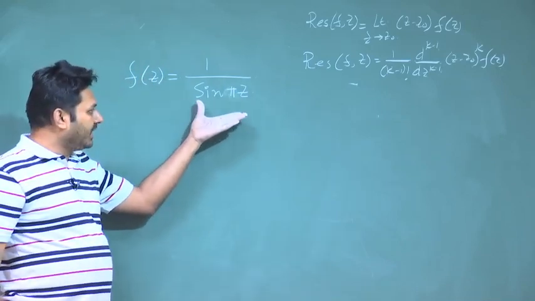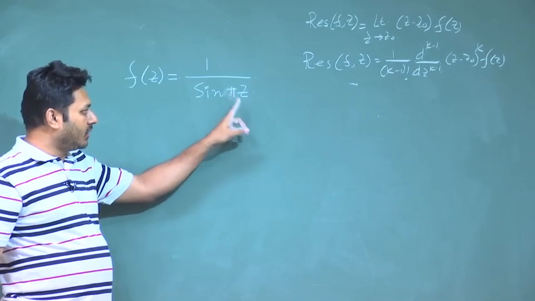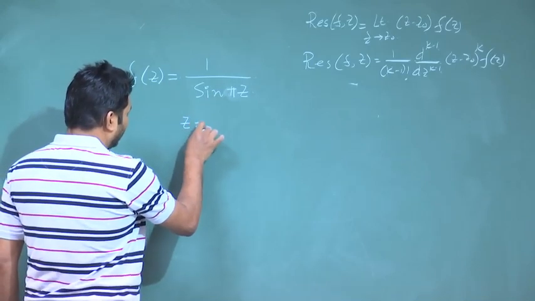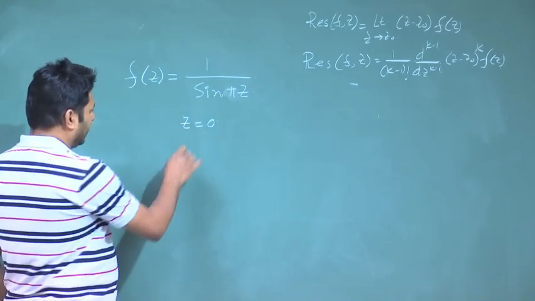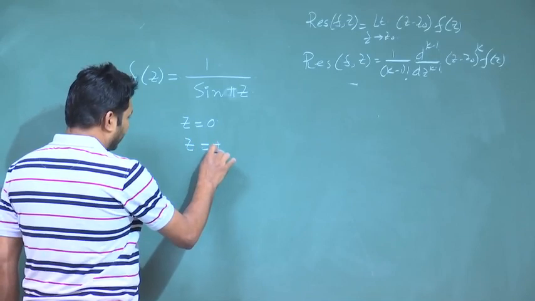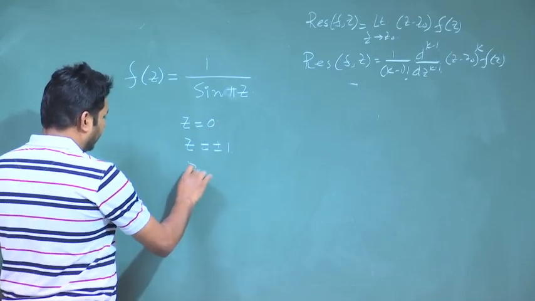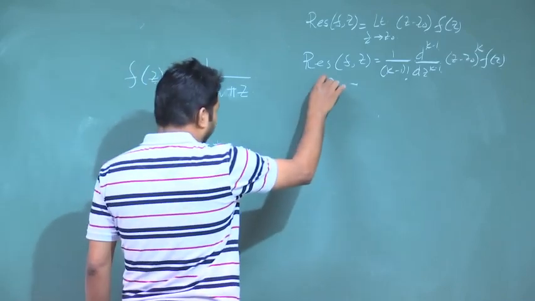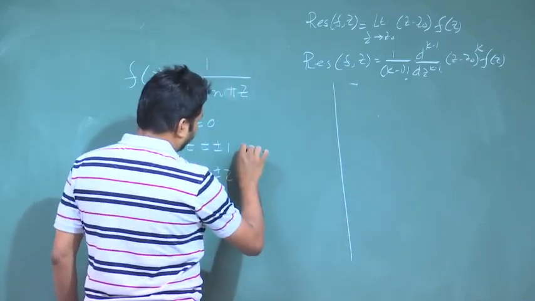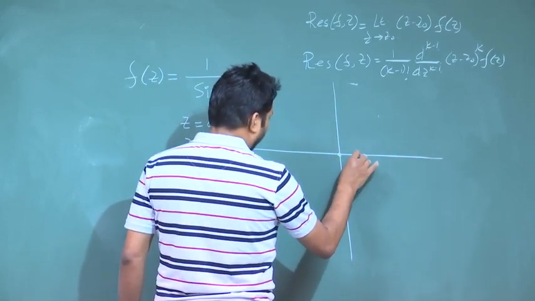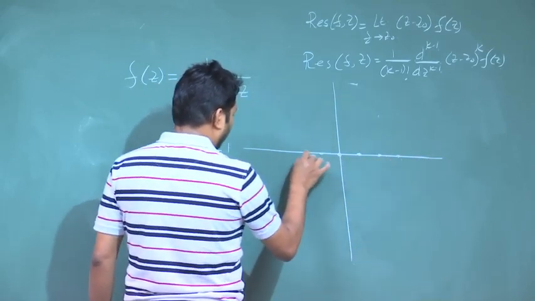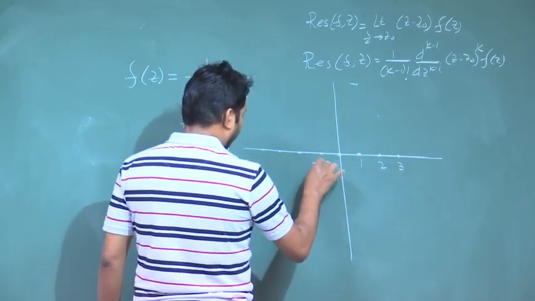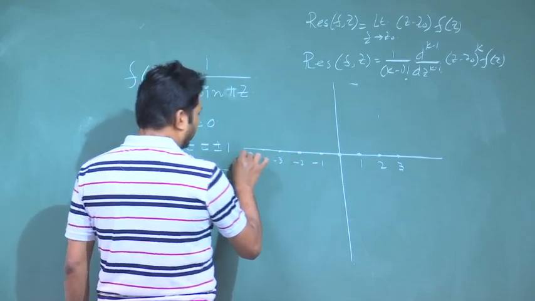Here we have a singularity at z equal to any integer. So z equal to 0 we have a singularity, z equal to plus minus 1 you have a singularity, z equal to plus minus 2 you have a singularity. So all these singularities are at these points: 0 here, 1, 2, 3, and minus 1, minus 2, minus 3 and so on.